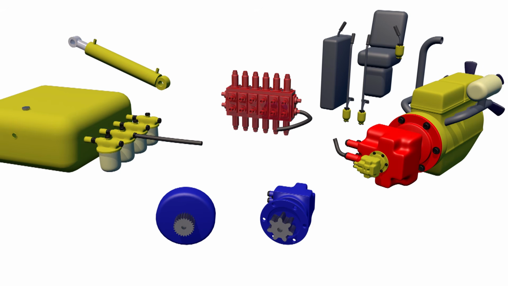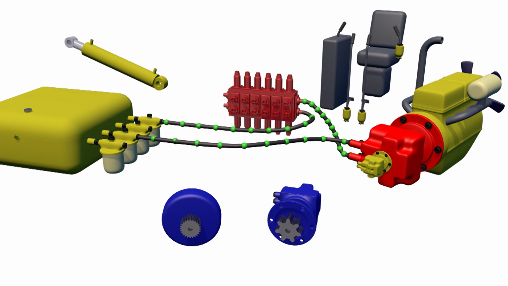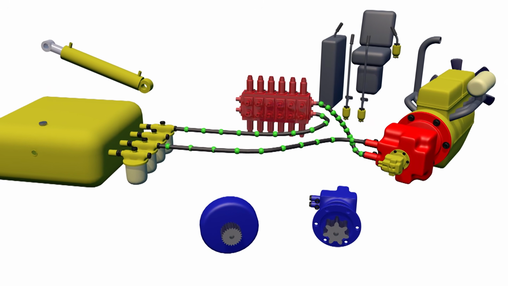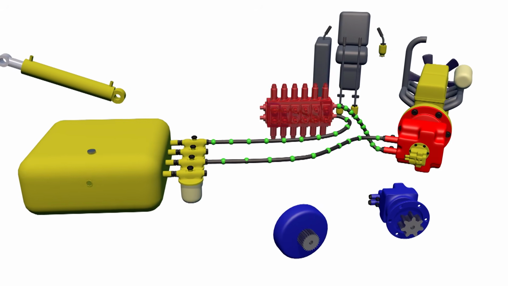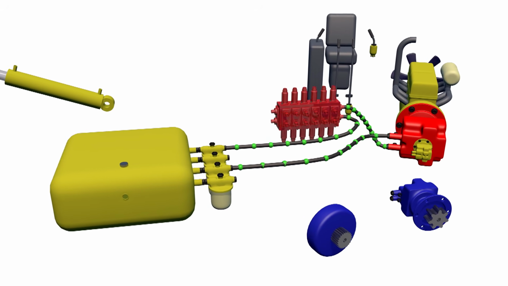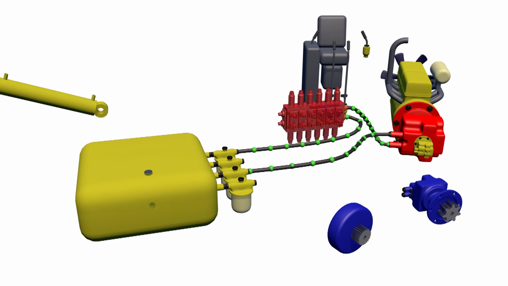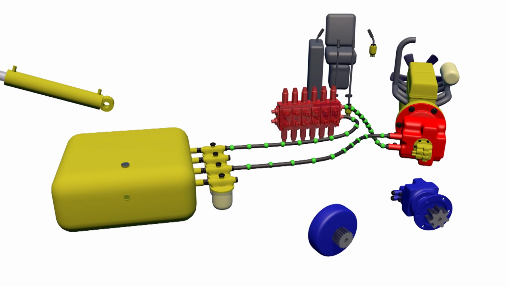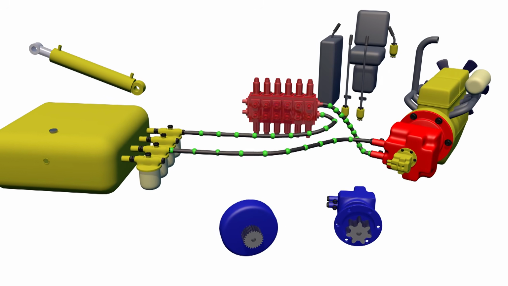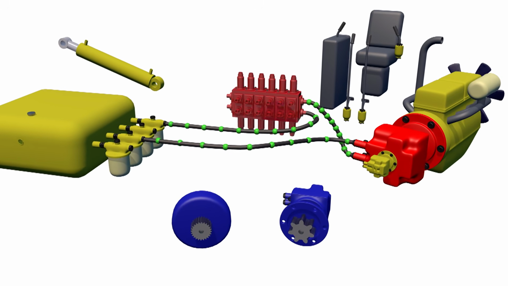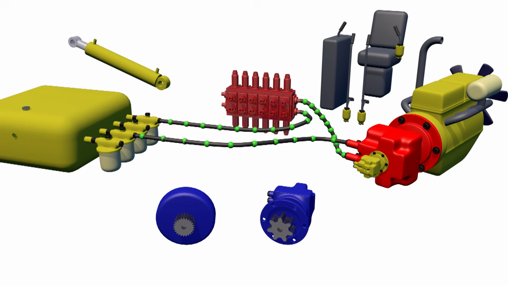The hydraulic pump creates pressure in the system. Oil flows into the hydraulic manifold, which directs the flow to the working components. Hydraulic cylinders actuate the boom, arm, and bucket. Hydraulic hoses convey fluid through the system, ensuring the movement of the mechanisms. Used oil returns to the hydraulic tank through filters.